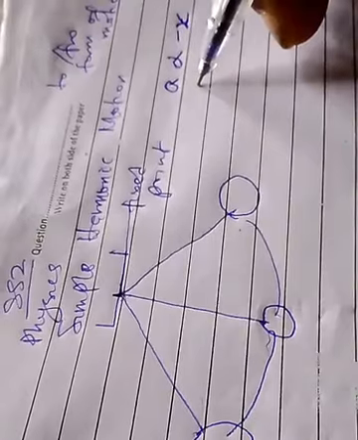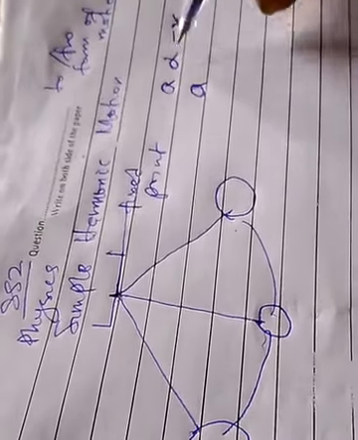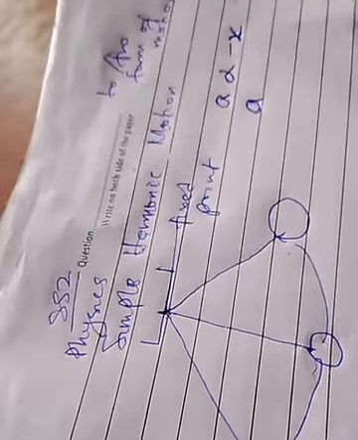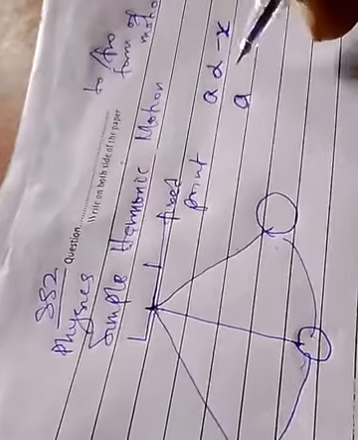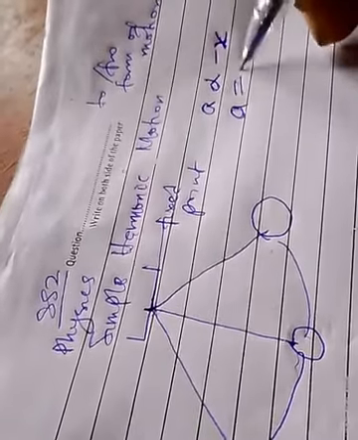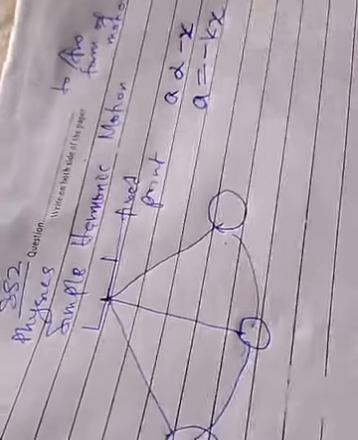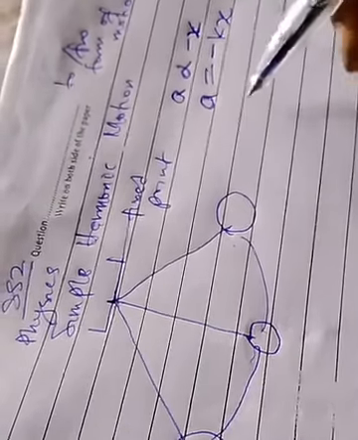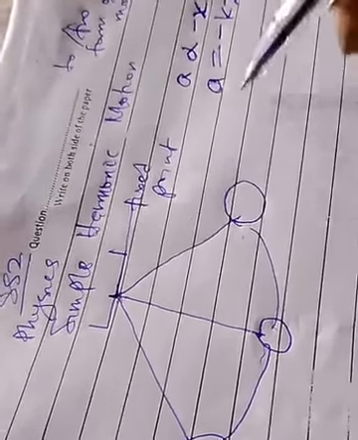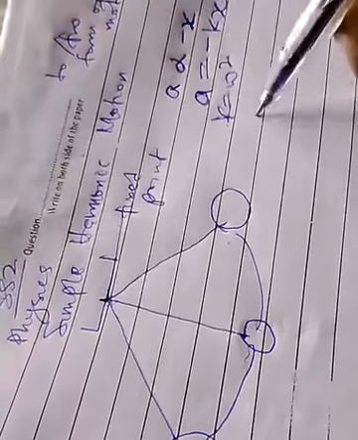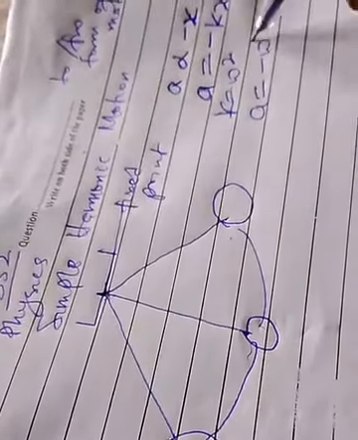So a is directly proportional to minus x, then we can say that a is equal to minus kx. But in simple harmonic motion, the k that we are having is omega square. So that means a is equal to minus omega square x.